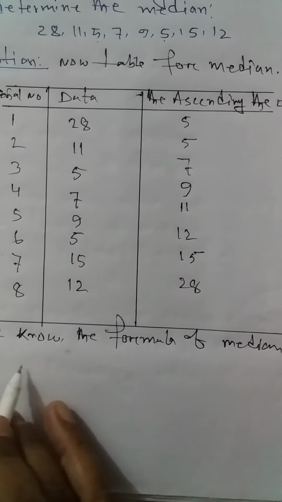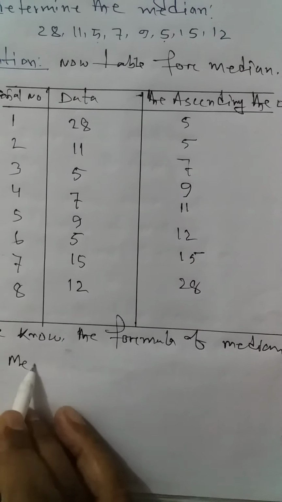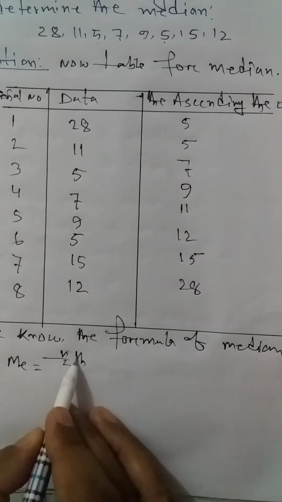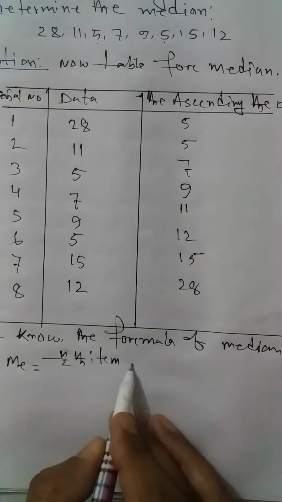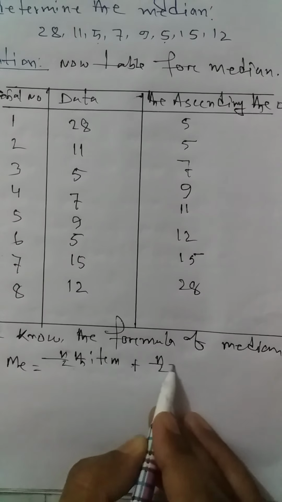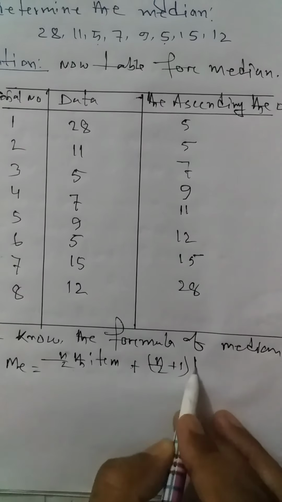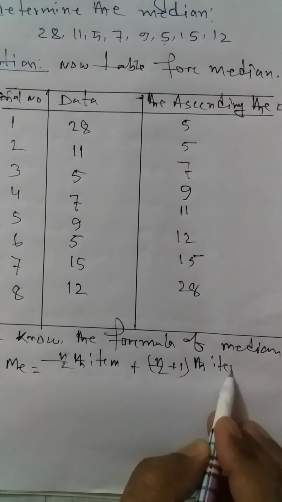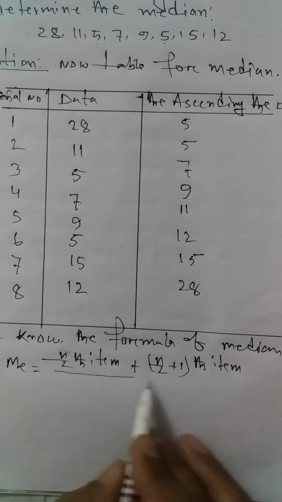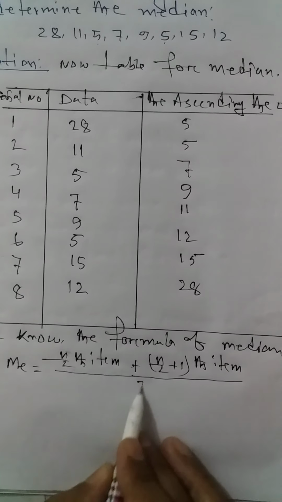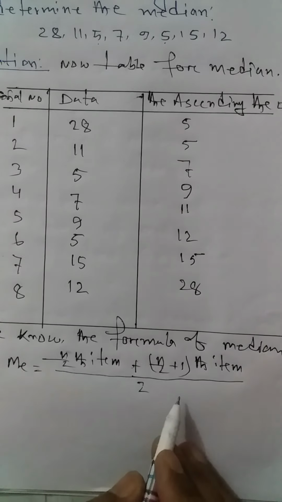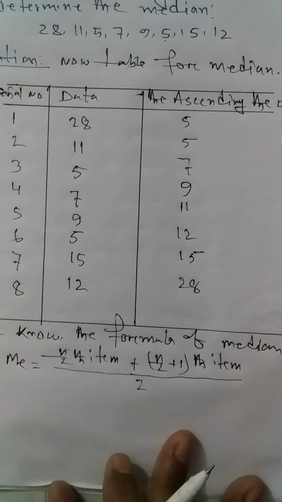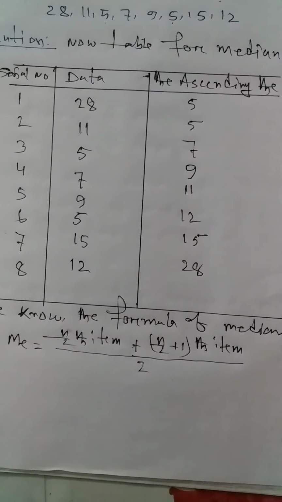The formula of the median, Me, is equal to the n by 2 th item plus the n by 2 plus 1 th item, divided by 2. This is the formula for the median of an even number.